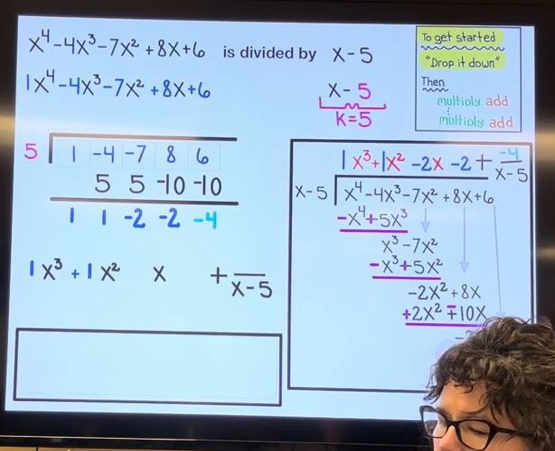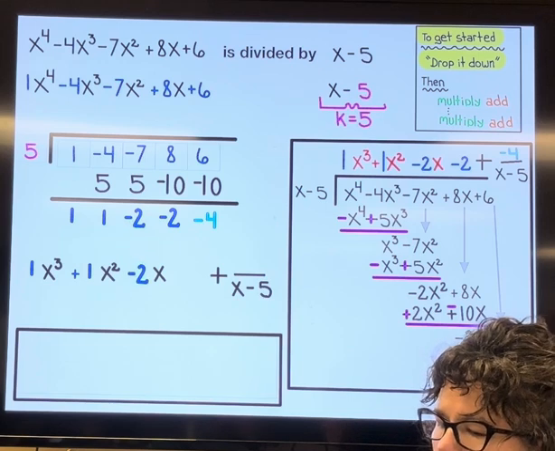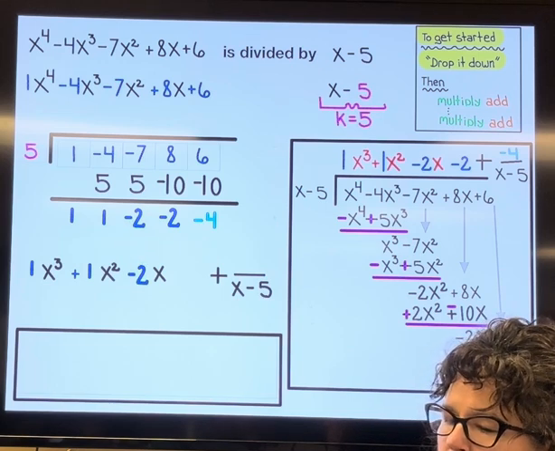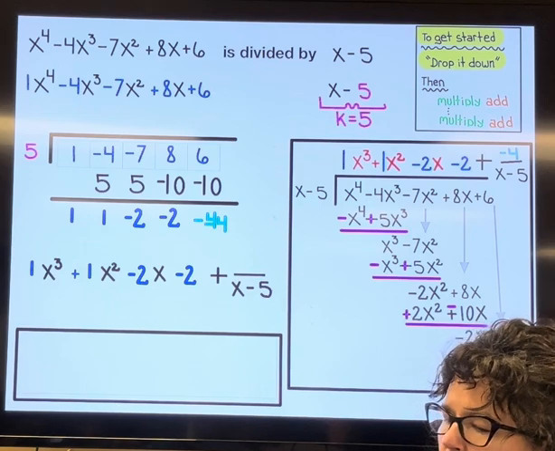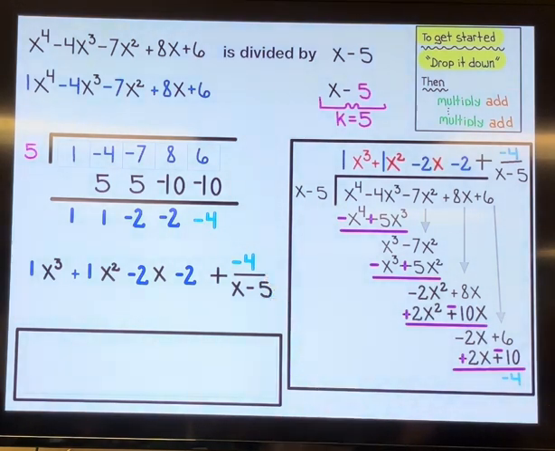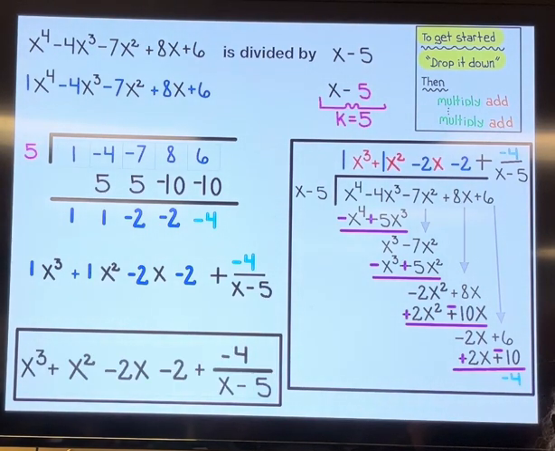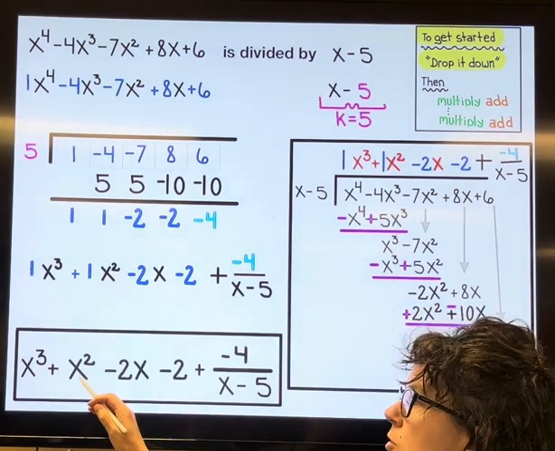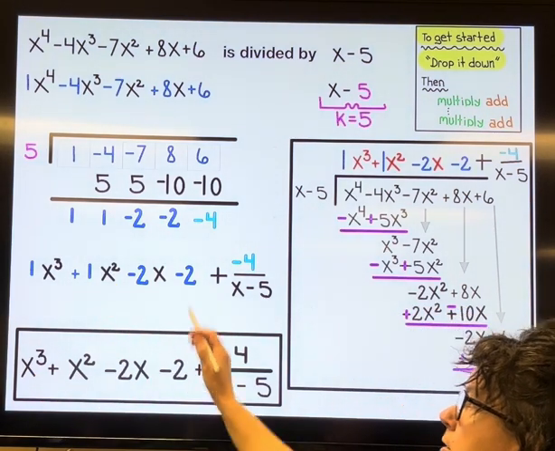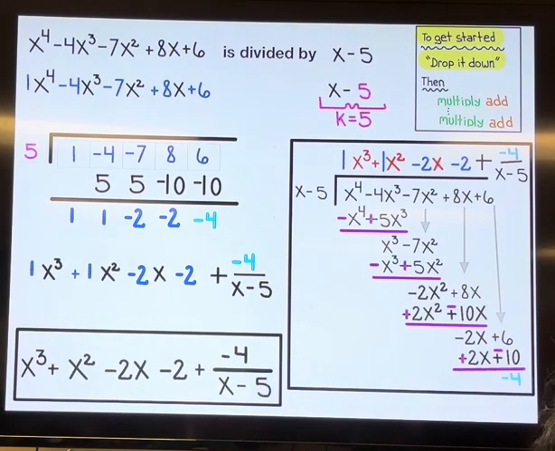Okay, then this -2 goes here. This -2 goes here. And then the remainder -4 goes there. So my final answer when I simplify, 1x cubed is x cubed plus 1x squared is x squared minus 2x minus 2 plus a -4 over x minus 5.